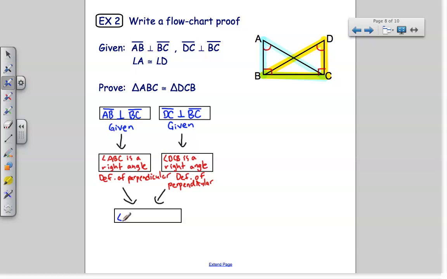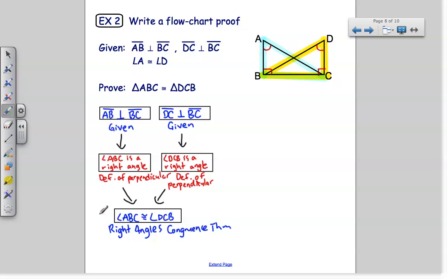Obviously, you have two right angles, and you know that right angles are congruent. So I'm going to say that angle ABC, which is a right angle, is congruent to angle DCB, which is a right angle. The reason why, if you remember back to the last chapter, is right angles congruence theorem says that all right angles are congruent. Right angles congruence theorem. Whew, finally!